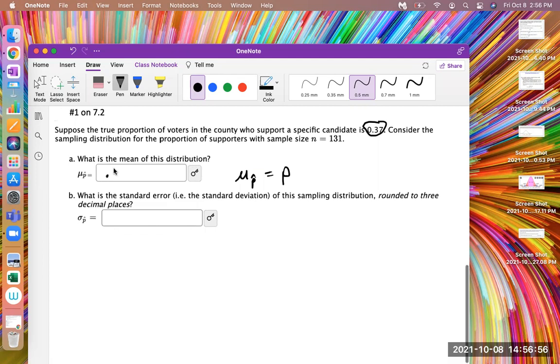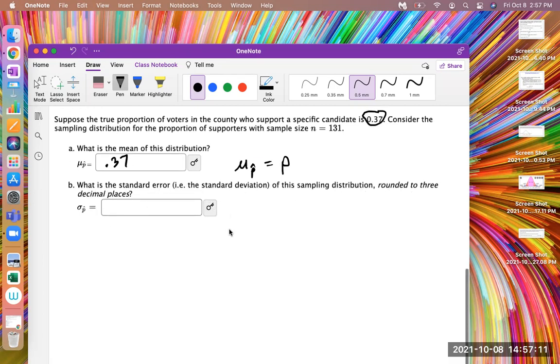That's just 0.37. Then what is the standard error, the standard deviation of the sampling distribution, rounded to 3 decimal places? So we need to use this formula: sigma p hat is equal to, like I said, the square root of p times 1 minus p, all over n.